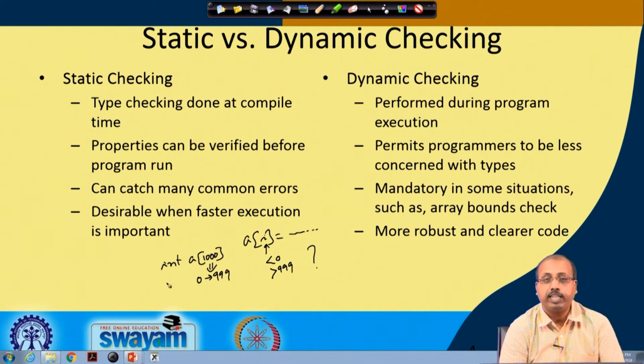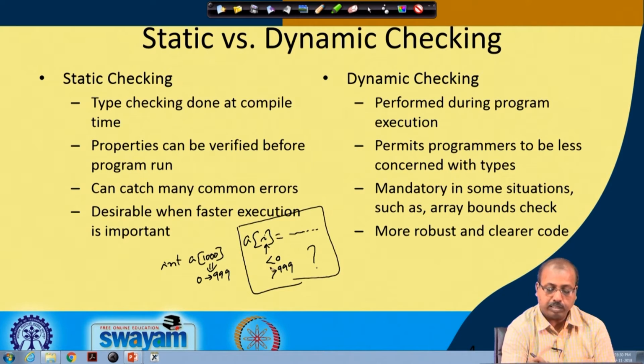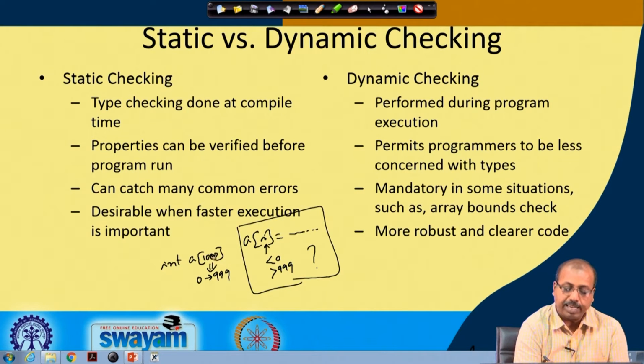Dynamically we can do that, because when the program is executing, at this point I know the value of I. If I know the bounds of array A, that its minimum index is 0 and maximum is 999, I can have a check like this.